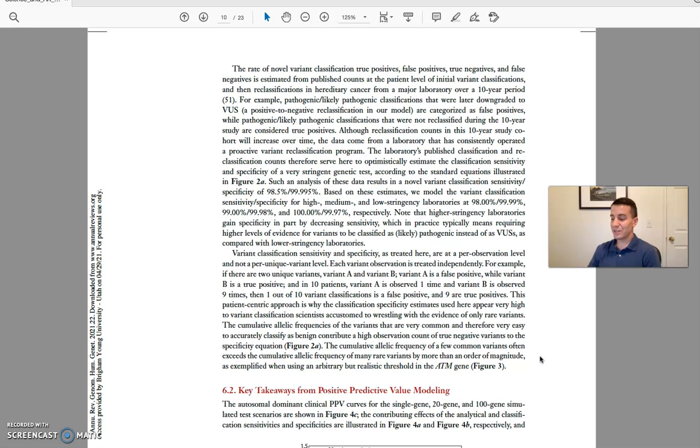The cumulative allelic frequency of a few common variants often exceeds the cumulative allelic frequency of many rare variants by more than an order of magnitude, as exemplified when using an arbitrary but realistic threshold in the ATM gene in Figure 3.